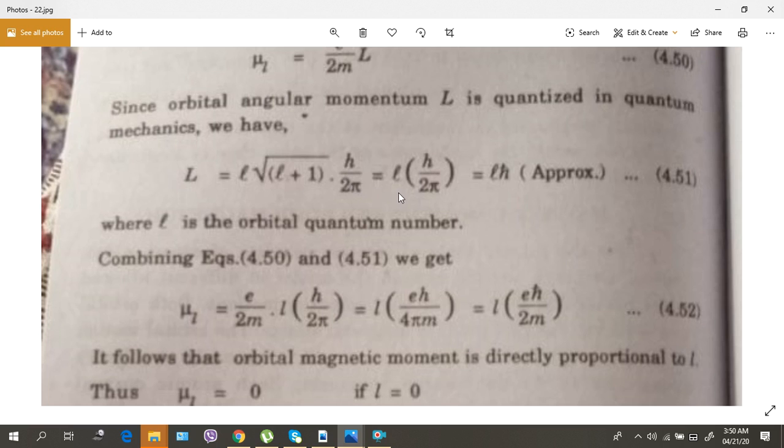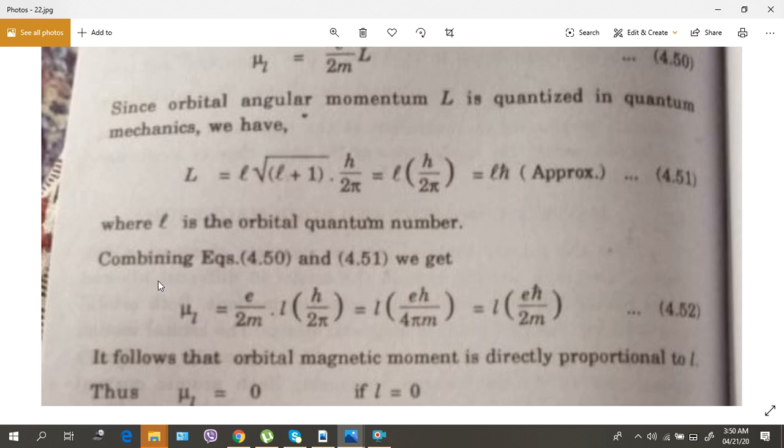Now if this value is approximately this value, this is very small, because the square root of L plus 1 is a very small value. So approximately we can take it as Lh over 2 pi, that is L h-cut approximately, where L is the orbital angular momentum quantum number.